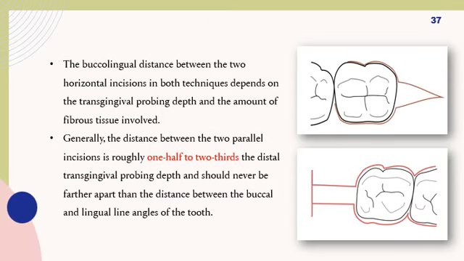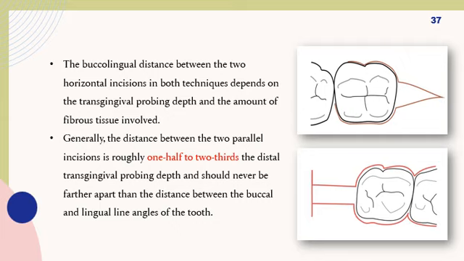The buccolingual distance between the buccal and lingual incisions depends on two criteria: the transgingival probing depth in the distal and also the amount of the fibrous tissue involved. Generally, the distance between the two parallel incisions is about 1/2 to 2/3 the distal transgingival probing depth.